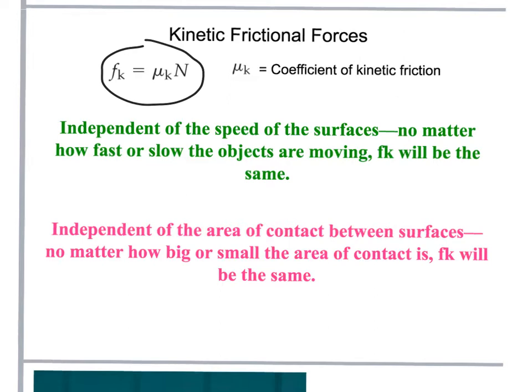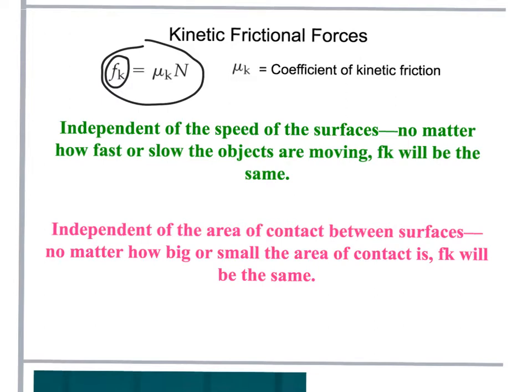So kinetic friction is dependent on the normal force and the coefficient of kinetic friction. They're the components or the variables that are in your equation. They're your dependencies. So if a variable is not in your equation, like in this example here, our f sub k, there's no speed in the equation, there's no velocity vector, and there's no area. So kinetic friction is independent of the speed of the surfaces.